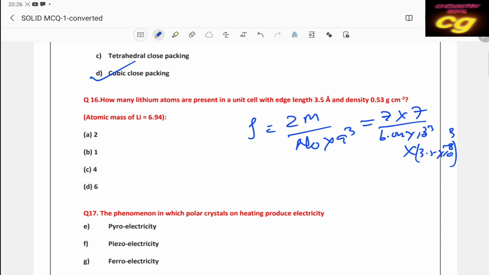6.94 is taken as 7 for easy calculation, so the Z value will be calculated. Rho value is how much given? Rho is 0.53, so 0.53 into 6.022 into 10 to the power 23 into 3.5 whole cube, then 10 to the power -24.